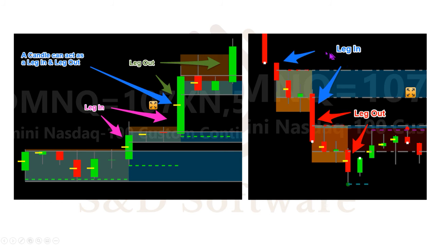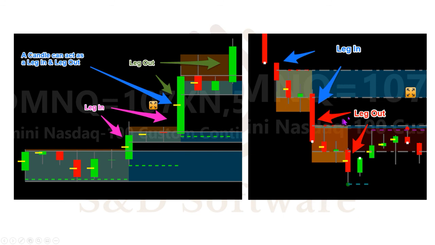So then let's look at it on the flip side. So you have a leg in to a supply band, you have your base and your leg out. And again here, this leg out is also acting as a leg in, and you've got your base and your leg out.